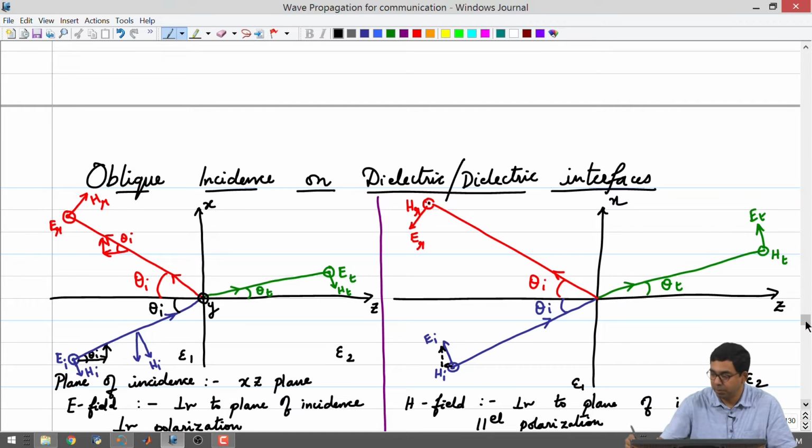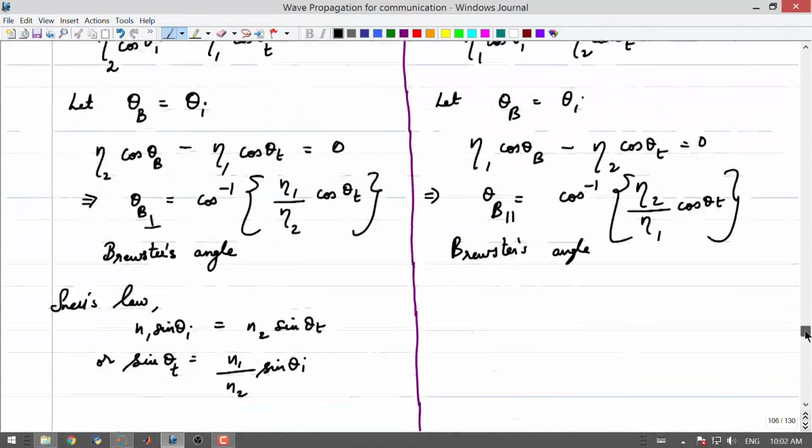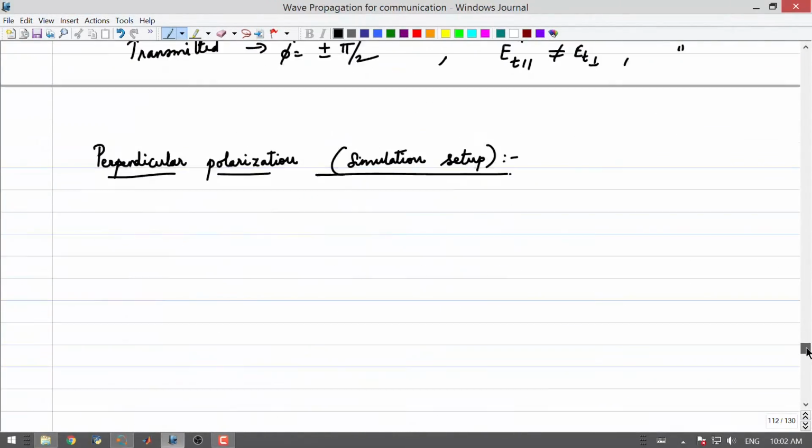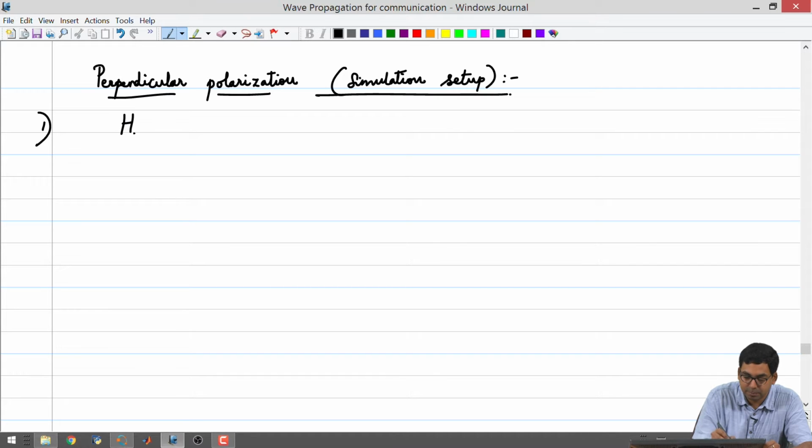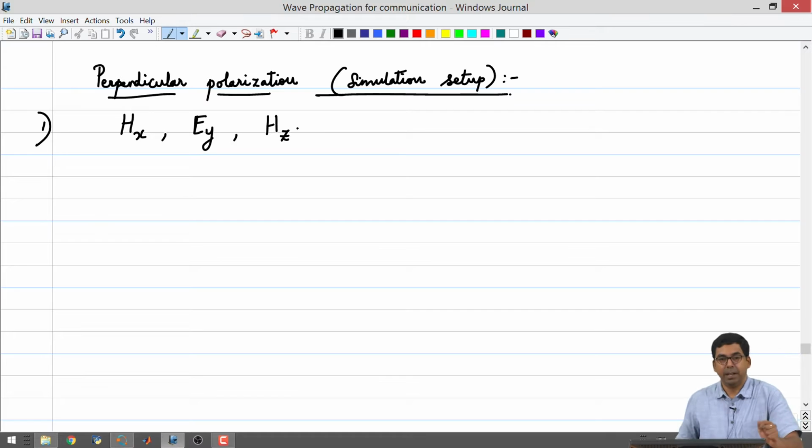Now we are going to take the same thing and try to arrive at some equations that we can use in Octave to start modeling these concepts. Before beginning, let us make some small notes. I have Hx, Ey, Hz.